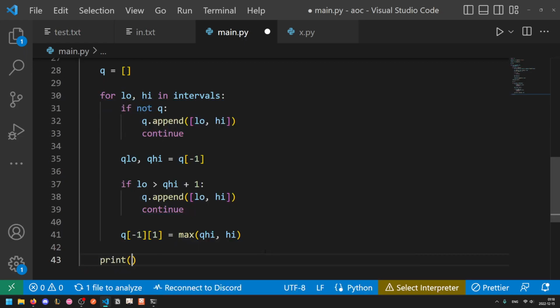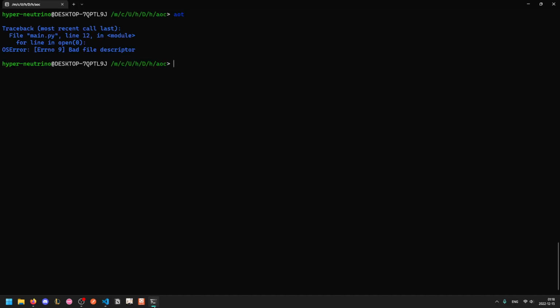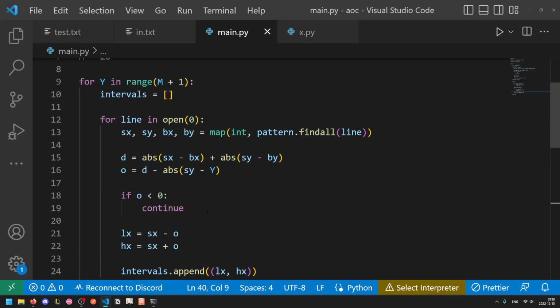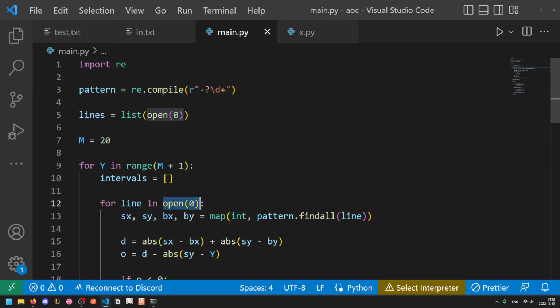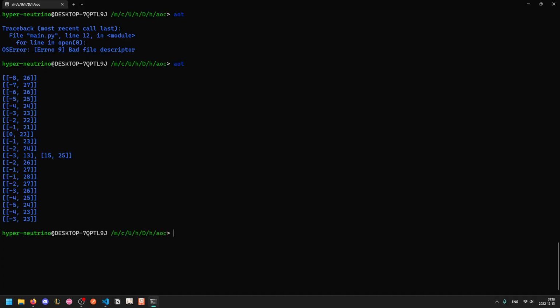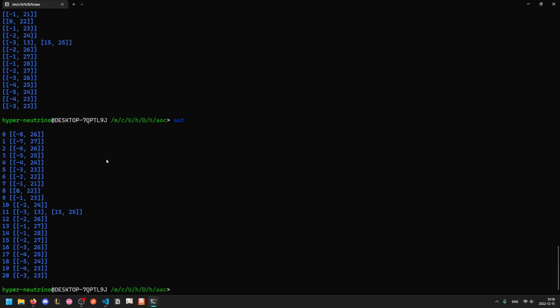So now at the end, let's print out Q just to see what we're getting. Run this on the test data. Oh, bad file descriptor. Shoot, I forgot to change this to our stored list. This gives us our intervals, and I'll print out the row to follow. So this gives us all of our row numbers and then the intervals, and these intervals, remember that they mean what isn't allowed.